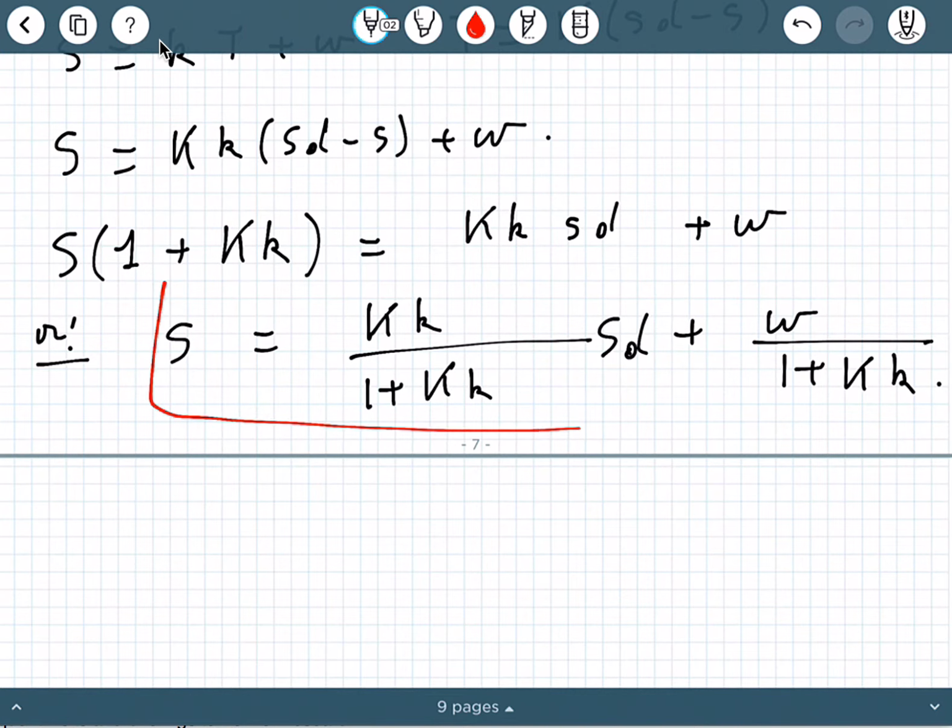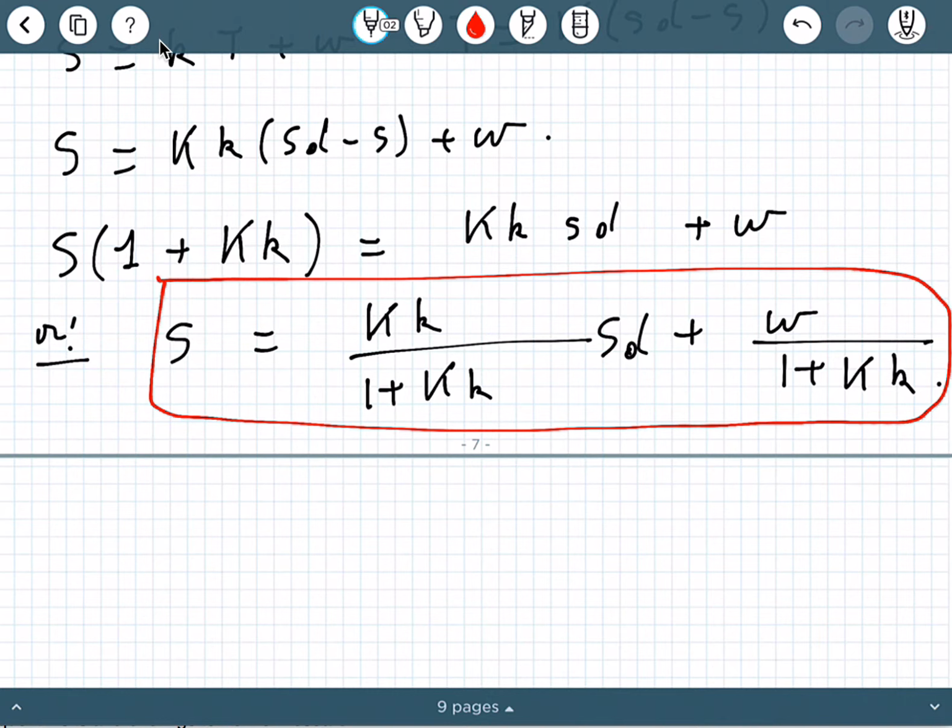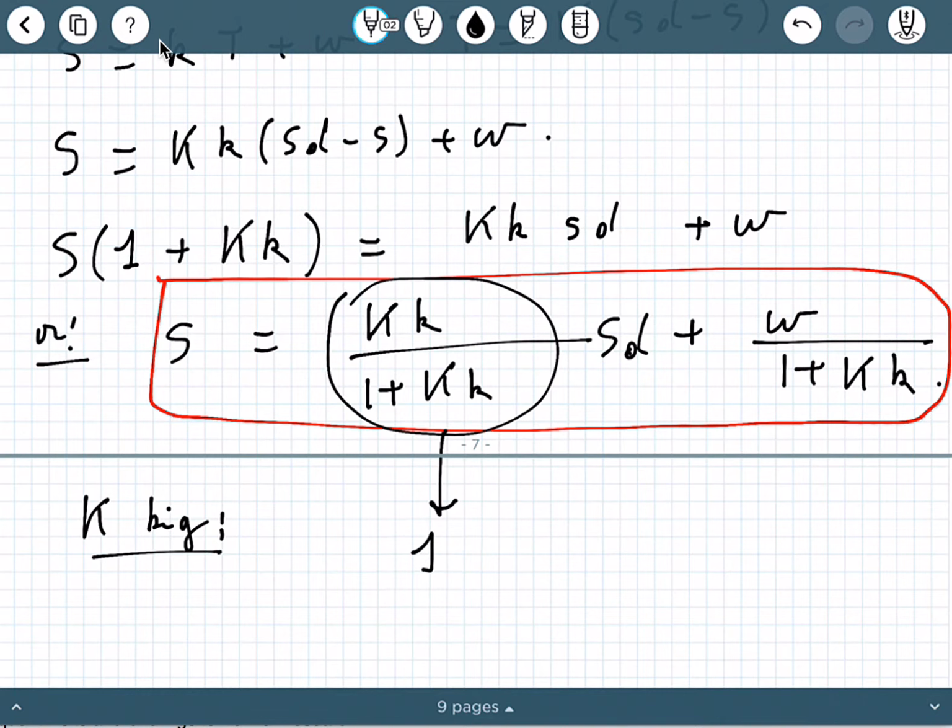Indeed, we have an explicit expression for S, and that explicit expression tells us that when K gets big, on the one hand, this term tends towards 1.